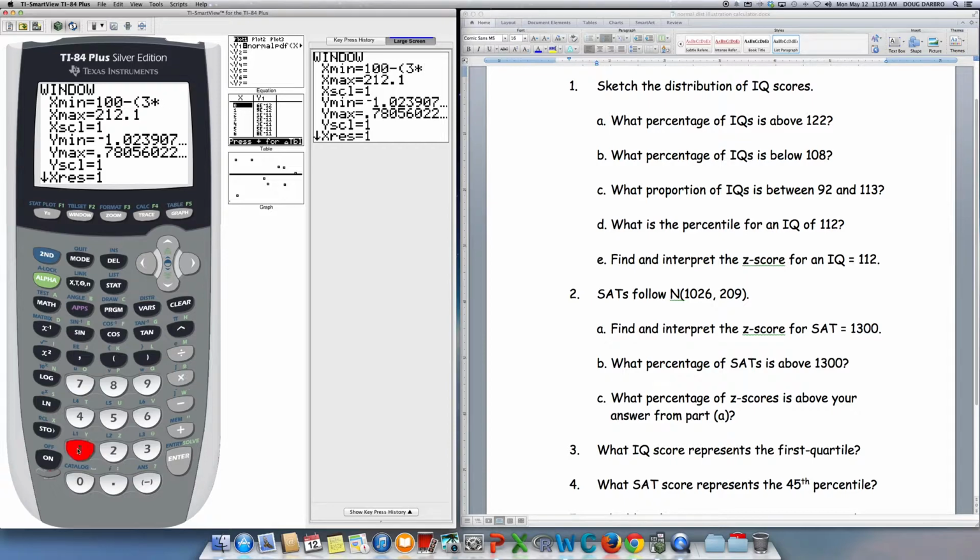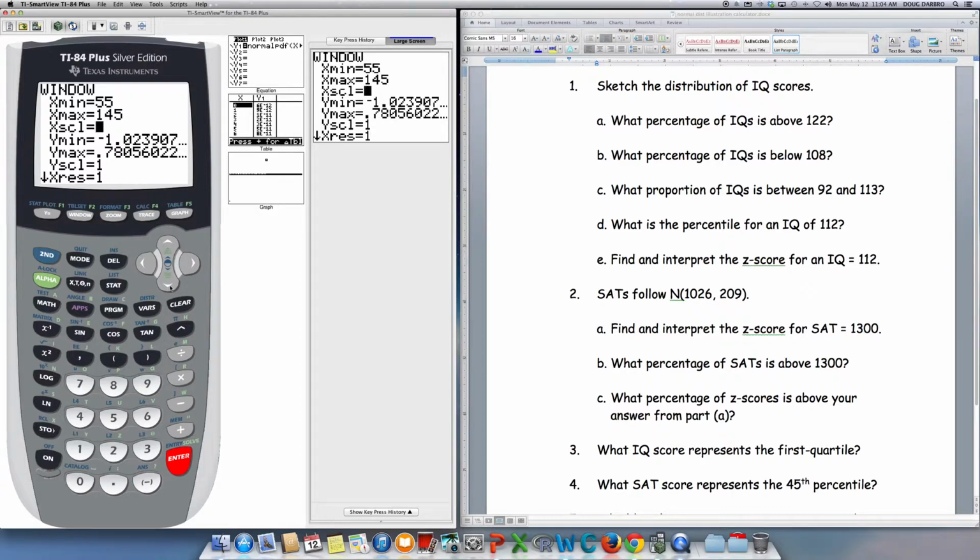Remember, the standard deviation is 15. And the maximum value we'll do is go from the mean plus 3 times the standard deviation of 15. Okay? Now, next thing we'll do, we'll set x scale equal to 1.